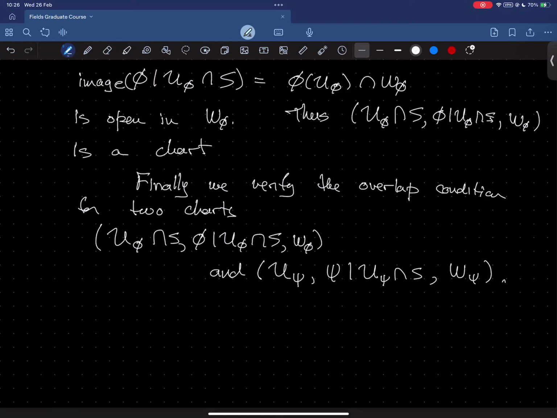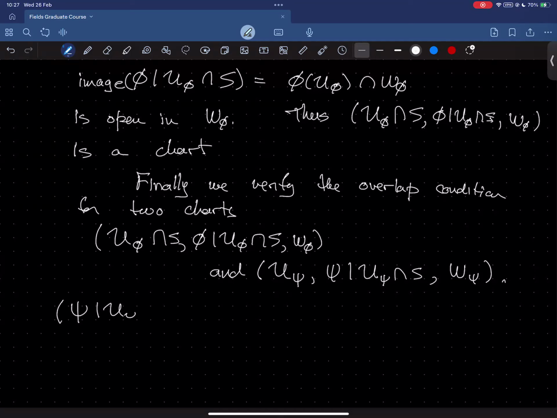So the overlap map here, what's it going to do? It's going to be psi restricted to, so this is the chart map in this case.